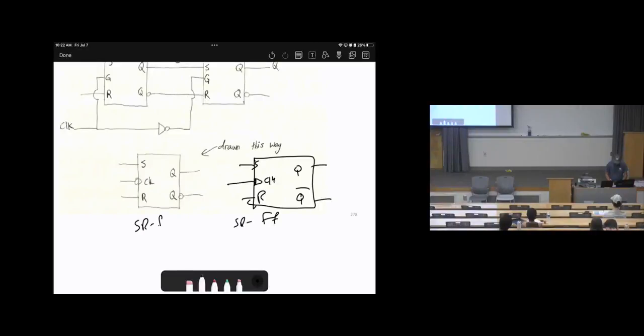This is an SR flip-flop as well. But the difference between them is that this one is rising edge and this is falling edge. Okay? The same as the SR latch. But keep in mind the updates will happen either on the falling edge or on the rising edge.